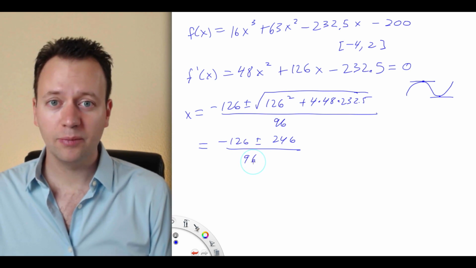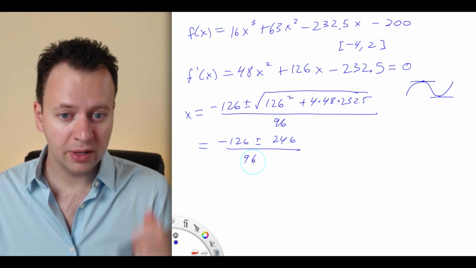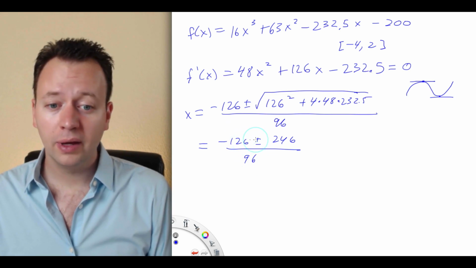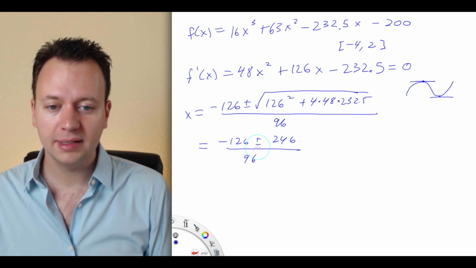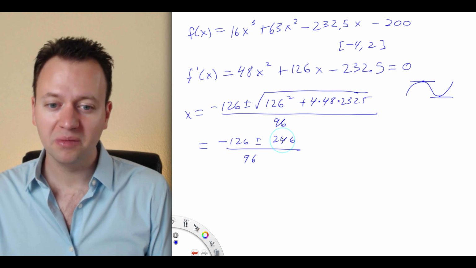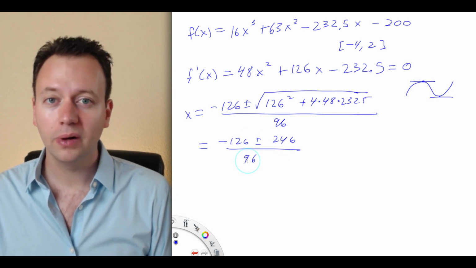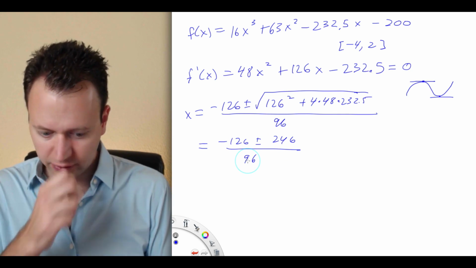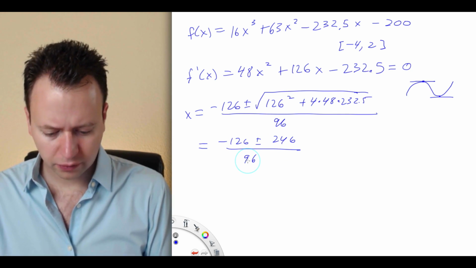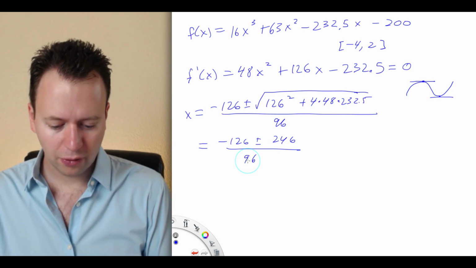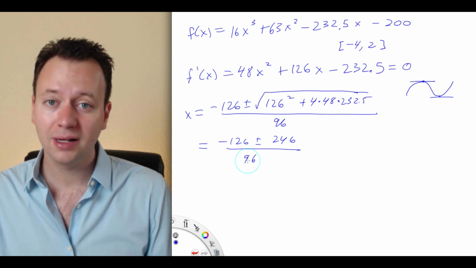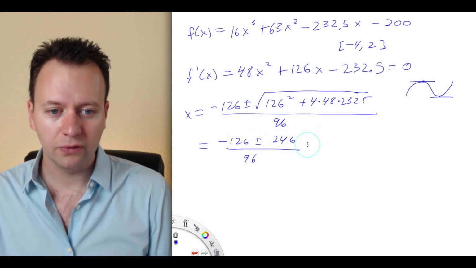Now this looks like it can be reduced, and we can only simplify it if we can take out the same factor from both of these terms. Obviously everything you see here is divisible by 2. Let's see if it's divisible by 4 as well. 126 over 4 is 31.5, not divisible by 4. So let's cancel out a common factor of 2.